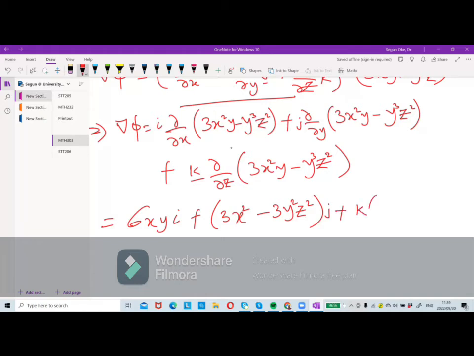Plus k, we are differentiating with respect to z, so the first term is zero, and we have minus 2y cubed z. So at the end of the day, you have 6xy i plus (3x squared minus 3y squared z squared) j minus 2y cubed z k.